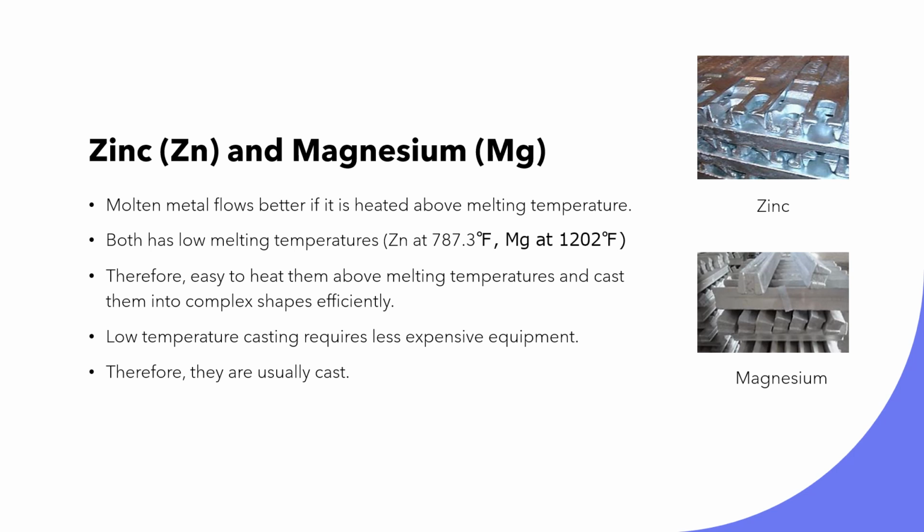A system is composed of components, and these components are equipment that can handle the many different kinds of heat treatments we do on the metal to shape it. For zinc and magnesium, the heat plant uses less expensive equipment because it can handle this temperature very easily.